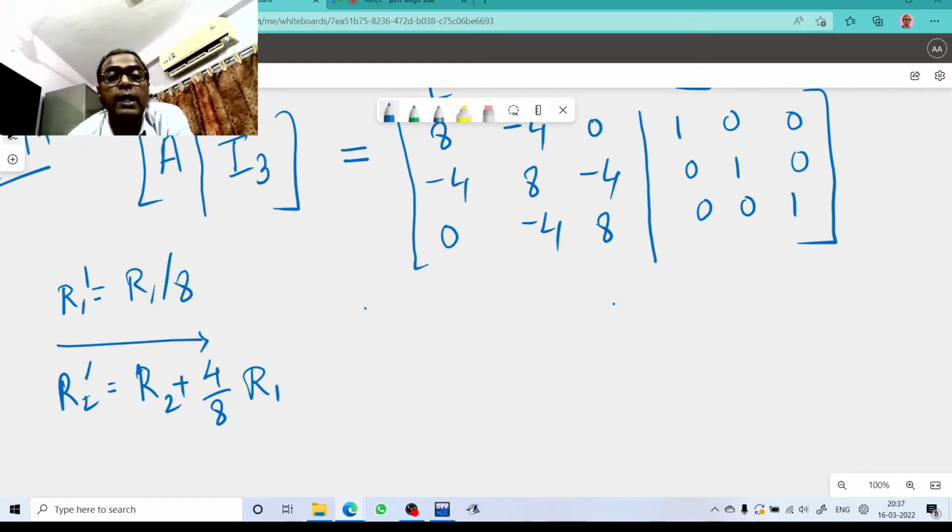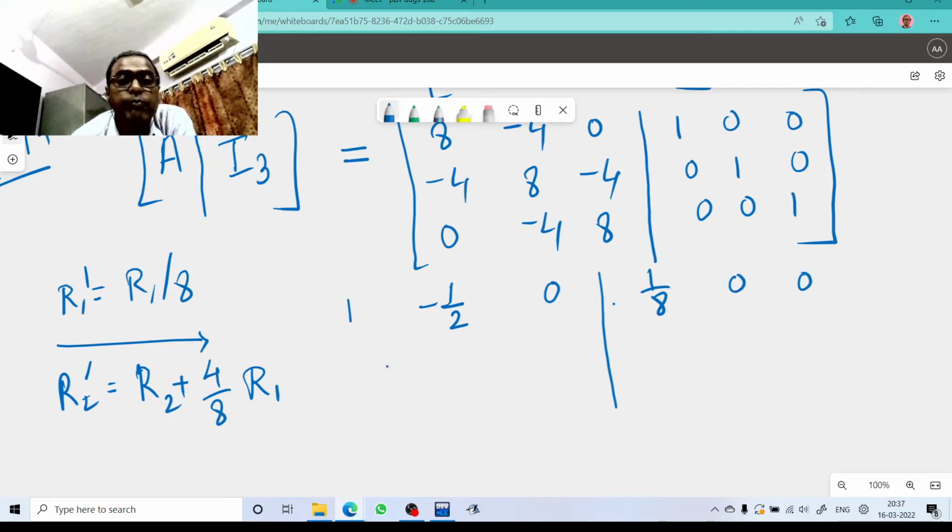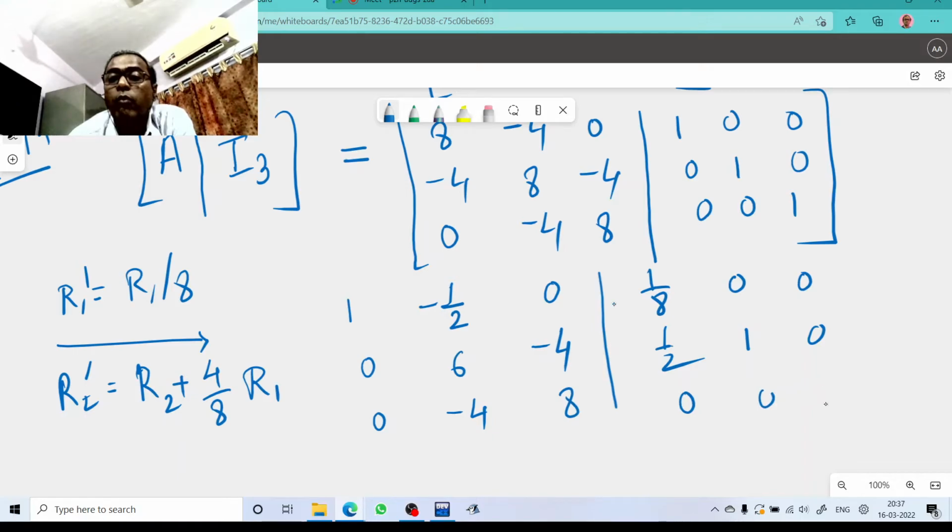So by these elementary row operations we get 1 minus half 0, and the corresponding 1 0 0 also reduces to 1 by 8 0 0. Second row 0 6 minus 4 half 1 0, and the third row is unchanged, 0 0 1.